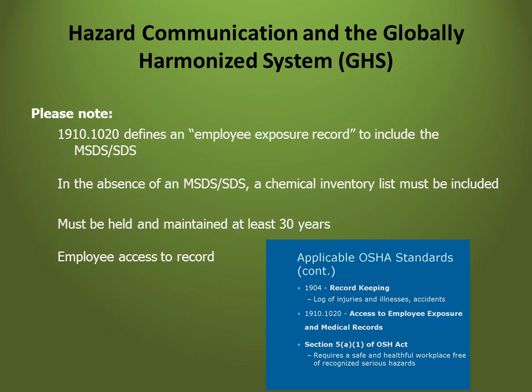In the absence of an MSDS/SDS, a chemical inventory list must be included. The medical record for each employee shall be preserved and maintained for at least the duration of employment plus 30 years, and employees have the right and must be given the opportunity to examine and copy their exposure record.